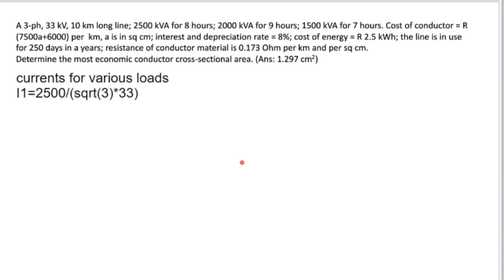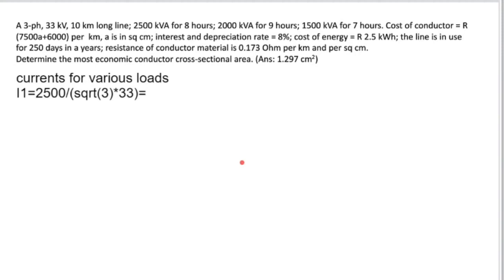That's the current, kVA over the voltage, and the voltage is given as the line voltage 33 kV. So we need to take that √3 VL IL cos phi. Write down the formula on the side: I is equal to kVA over √3 VL. You can write it on the side.